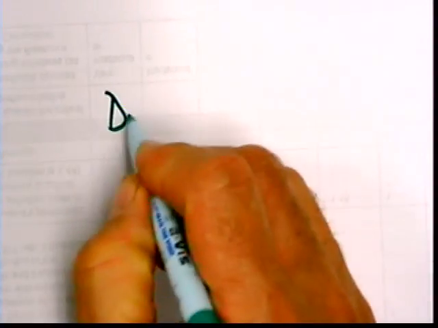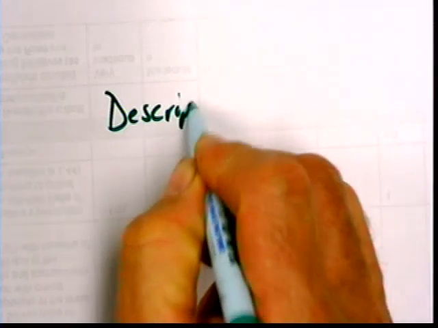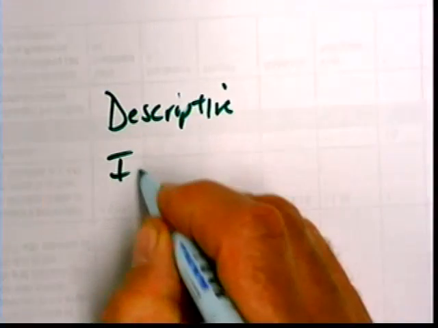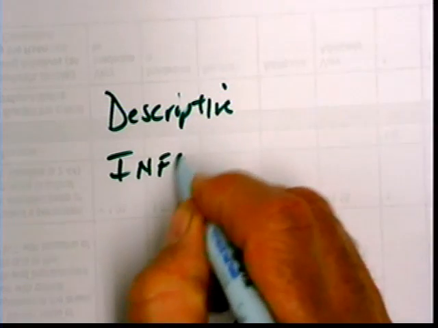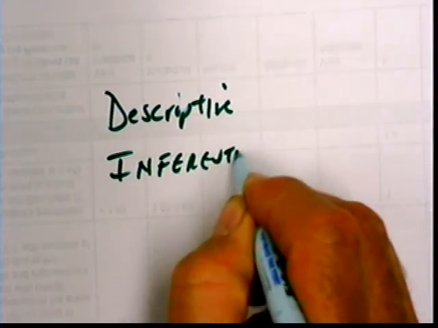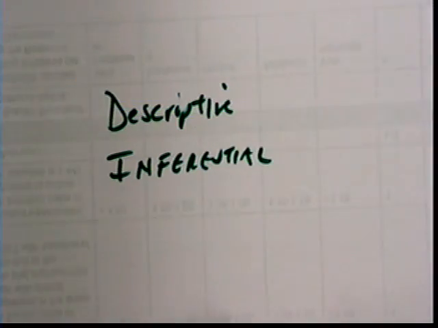Where we're moving into now is, we've been doing descriptive statistics, where we describe data using the mean, the median, the mode, talking about the variables and those kinds of things. Now we're going to move into a part of statistics that is called inferential.